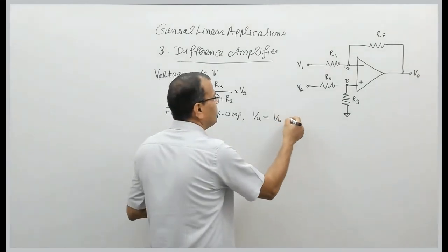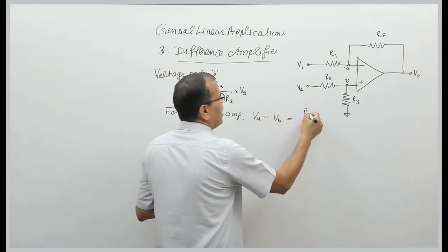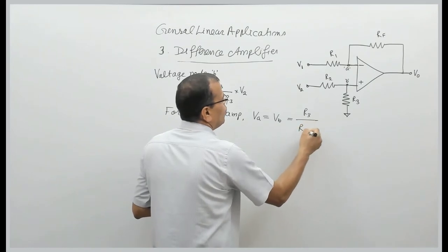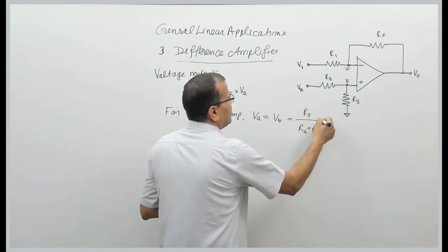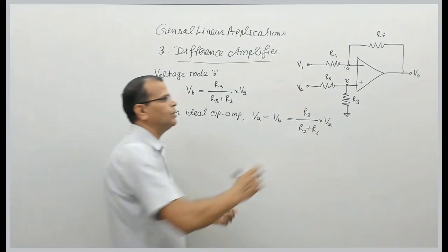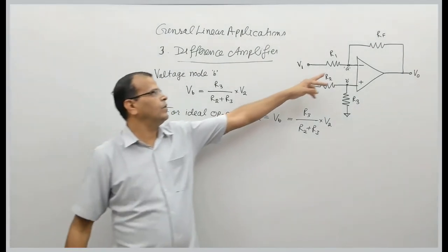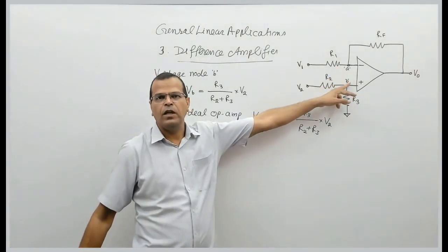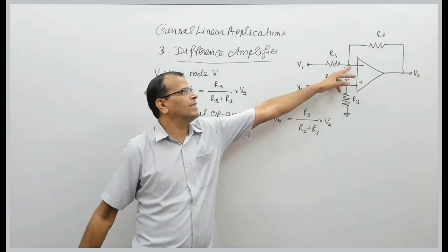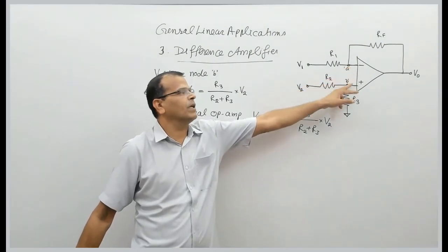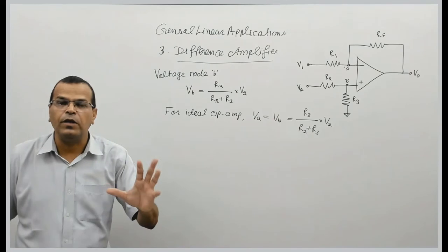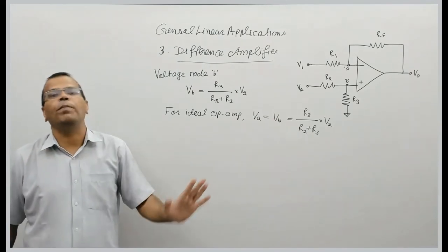Therefore, this must be equal to R3 by R2 plus R3 multiplied by voltage V2. So we have obtained the voltage at node B first, and then we have said the voltage at this node is the same as the voltage at this node. This is the general procedure of analysis of any op-amp based circuit.